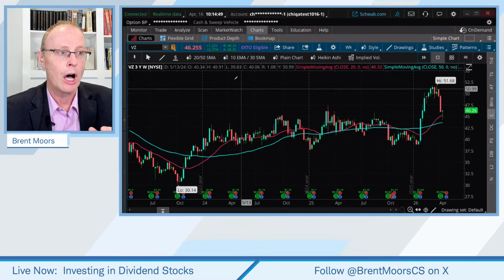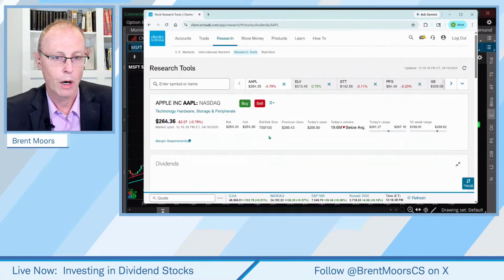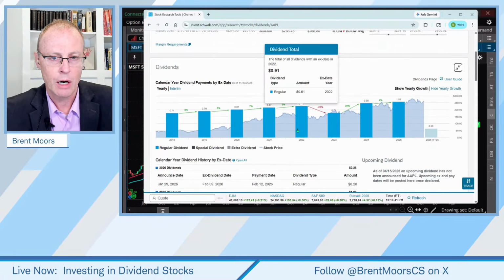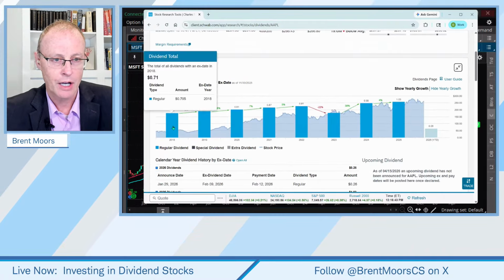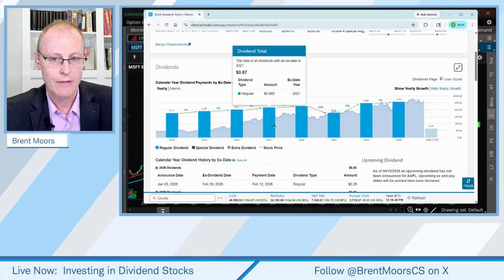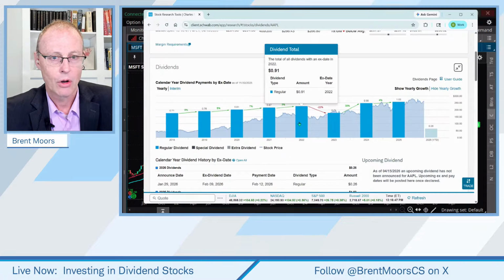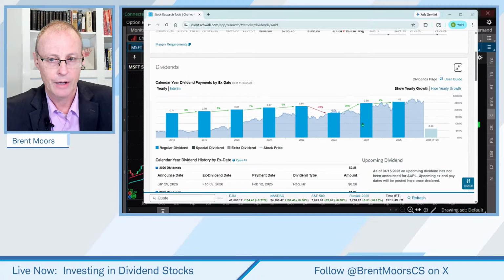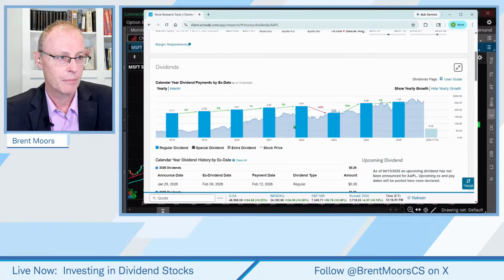Here's Apple. If you scroll down on it and you want to look at the dividend history, here's dividends. This is incomplete though. You can see more information if you click on Show More. Then you can look back over time and see what that dividend payment has been over time.